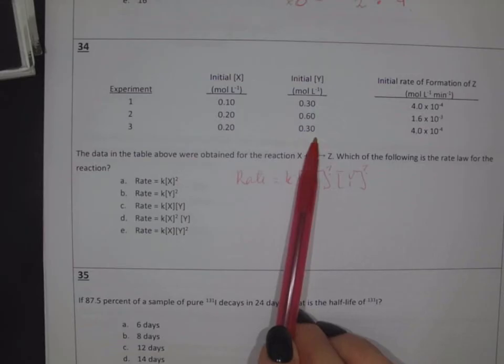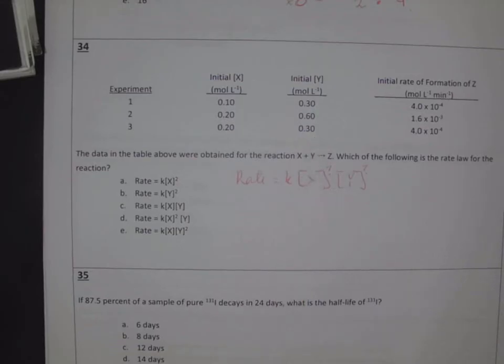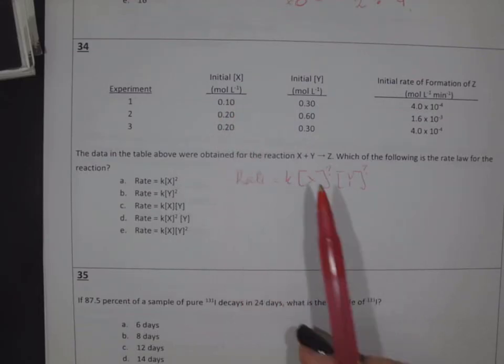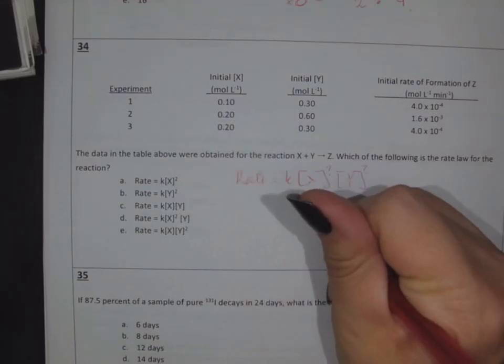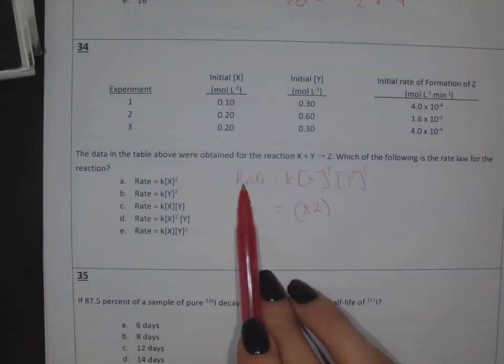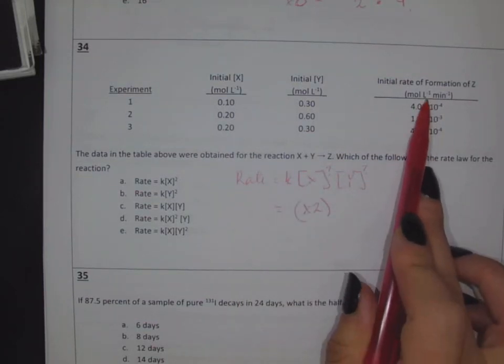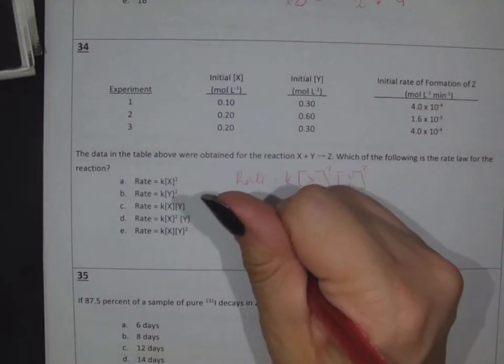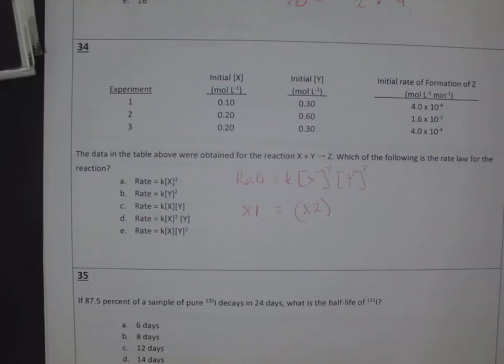So if I look at trial 1 and trial 3, the concentration from 1 to 3 when it comes to X was double what it was before. And now what happened to the rate? It stayed exactly the same. It's like we multiplied it by 1, right? It had no impact.